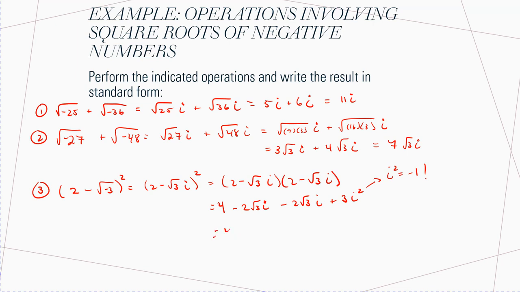So this becomes 4 minus 3, because this is now minus 3. Minus 2 square roots of 3 i, minus 2 square root of 3 i. Well, 4 minus 3 just gets me 1. And this now becomes 1 minus 4 square roots of 3 i. So just follow your operations, okay? And remember, whenever you get an i squared, it's just equal to -1.